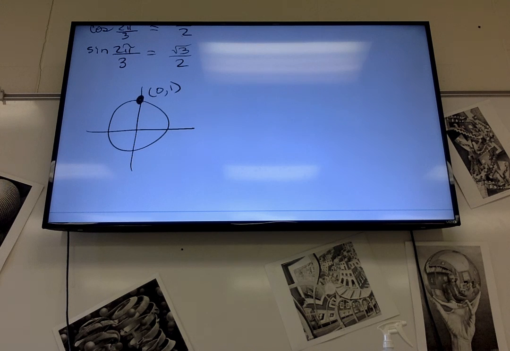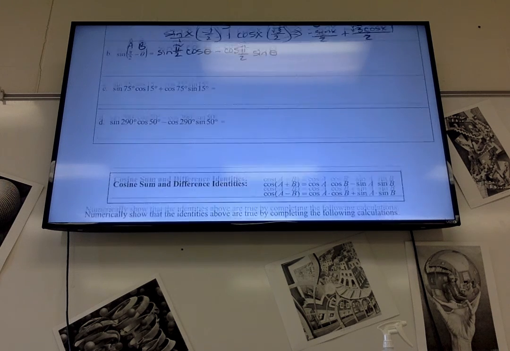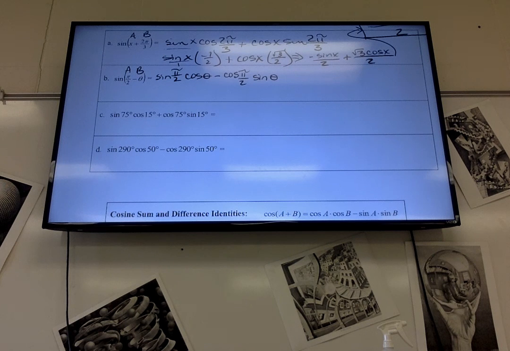So the sine of pi over 2 is the y-coordinate. So it's 1. And the cosine of pi over 2 is the x-coordinate. It's 0. Sine is always the y, cosine is always the x on a unit circle, because the radius is 1.